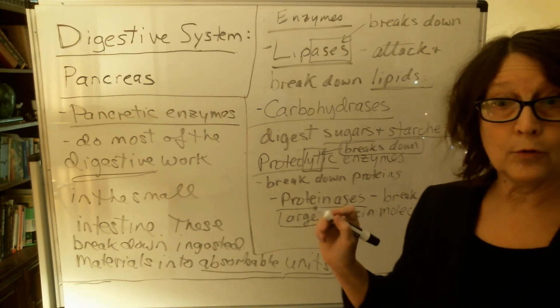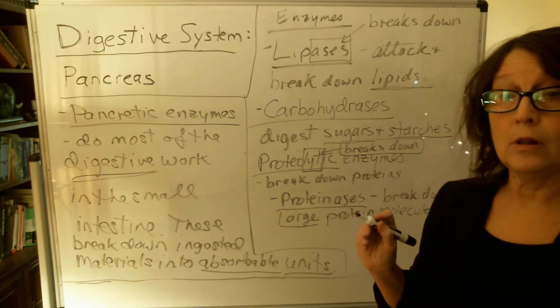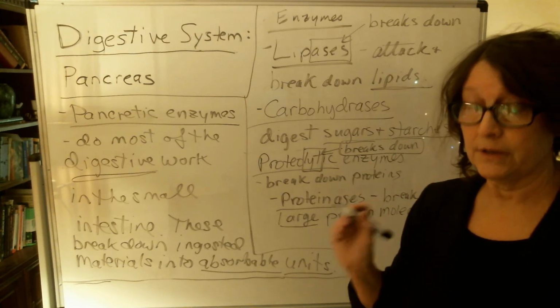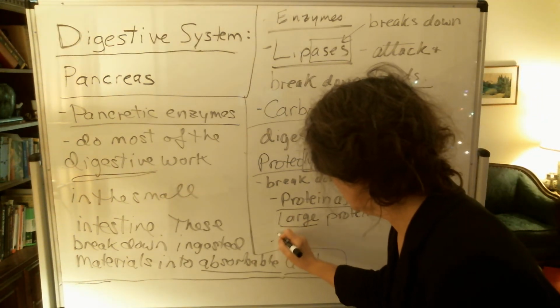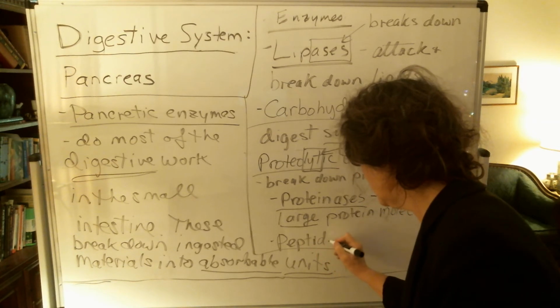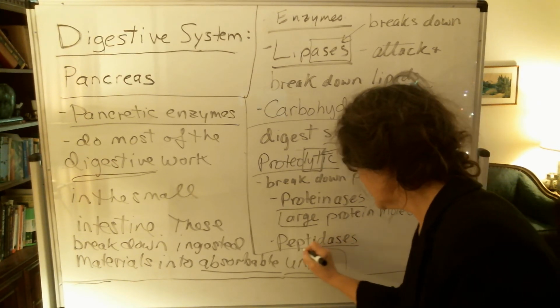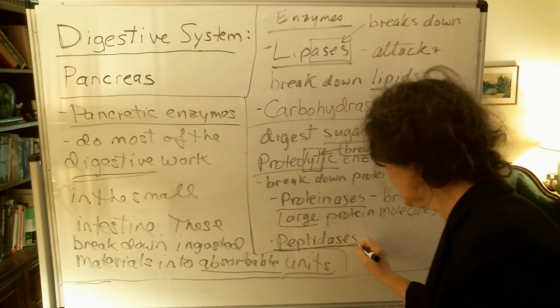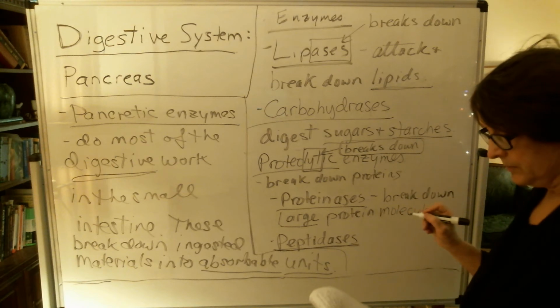And once you have broken large protein molecules down into small protein molecules, they're still not small enough. So then we have what are called peptidases, because small proteins can be known as peptides or polypeptides.